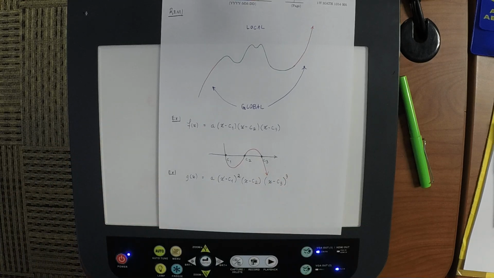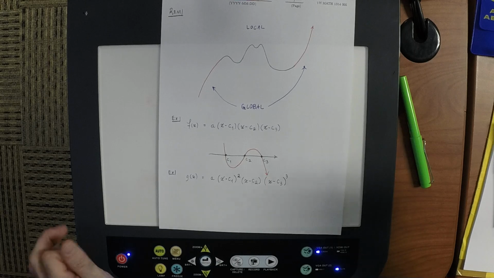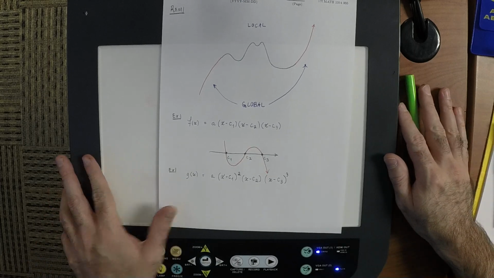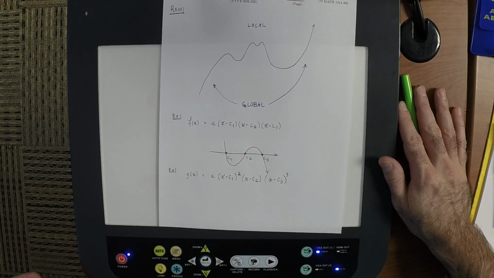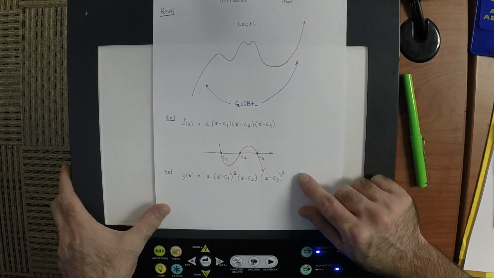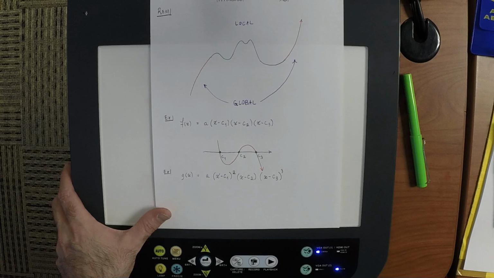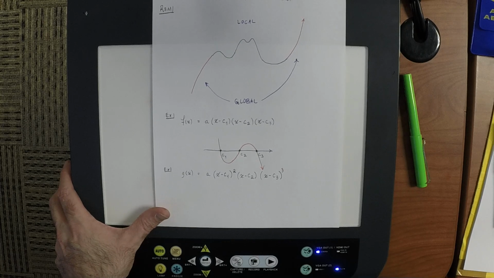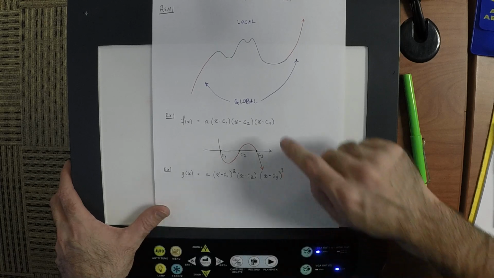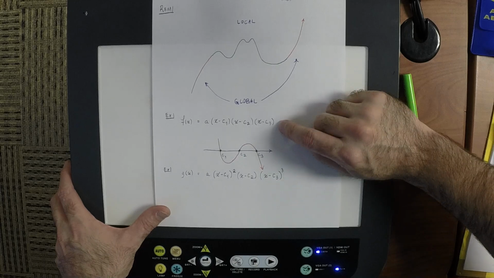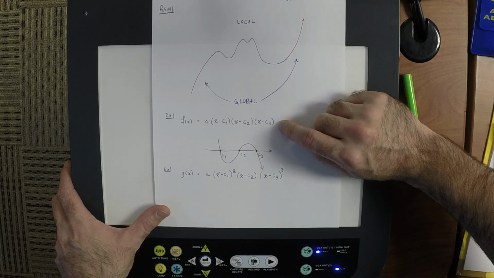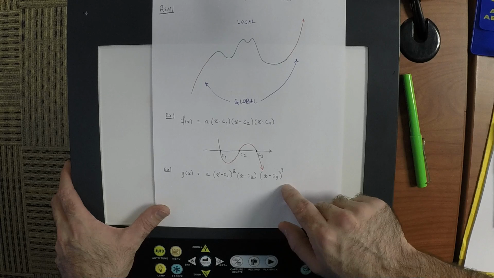The question is what effect all of this has. Before we answer that, I have a question. This polynomial, what is its degree? What's the degree of this one? 3. What's the degree of this one?